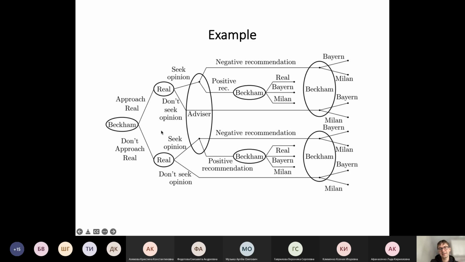Because Real Madrid has two information sets, there are two elements in its strategy, and each element has two possible values: seek opinion, don't seek opinion. So an example of a strategy for Real Madrid is first element seek opinion, second element don't seek opinion.